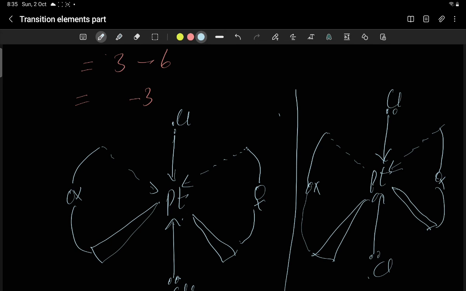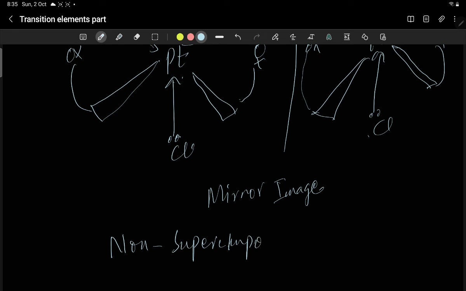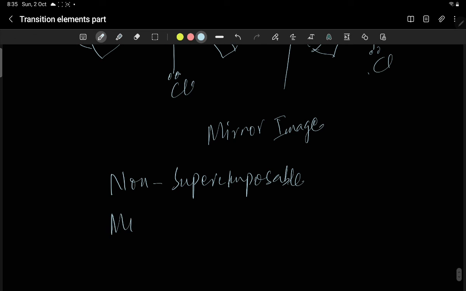So this is mirror image of each other, non-superimposable, and mirror image of each other. Mirror images, and both are enantiomers. It is also known as enantiomers.